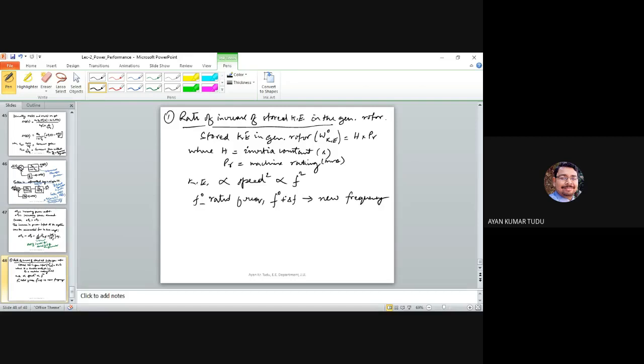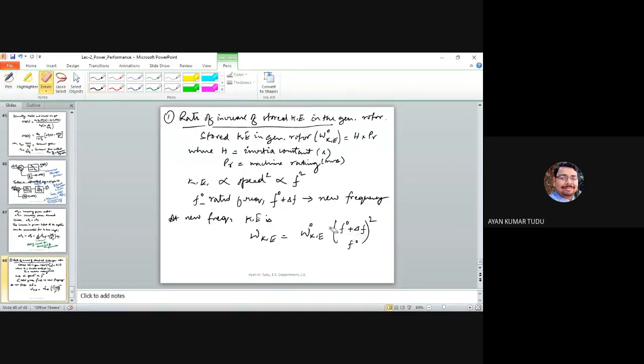So at the new frequency, the kinetic energy would be W KE equal to W naught KE into f naught plus delta f by f naught whole square.